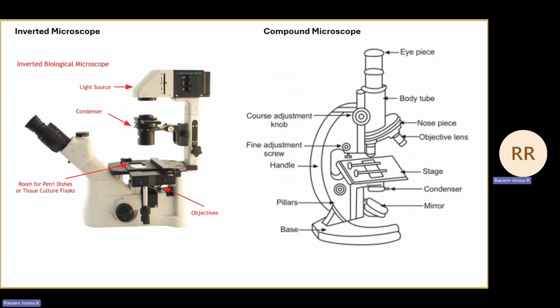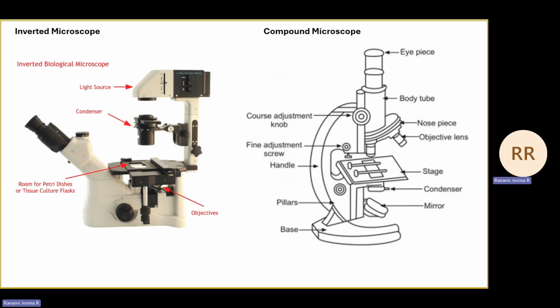So here you can see the backside of the sample, and in the case of a normal sample, we'll have the objective lens above the sample stage. So that is one main difference between the compound microscope and the inverted microscope.